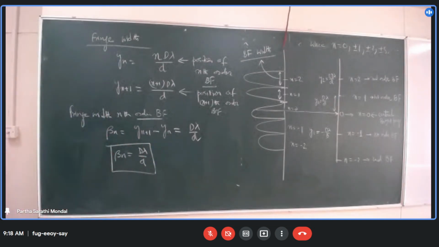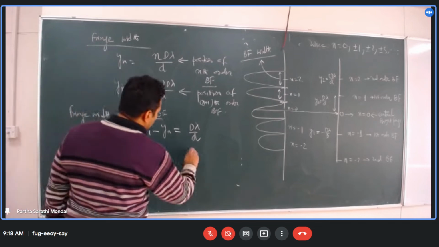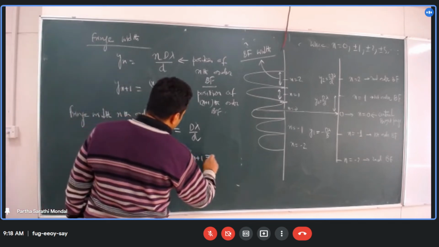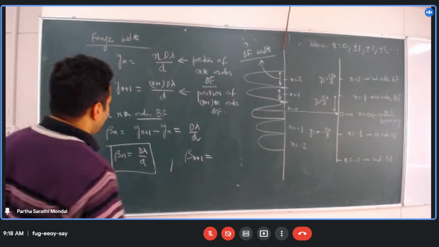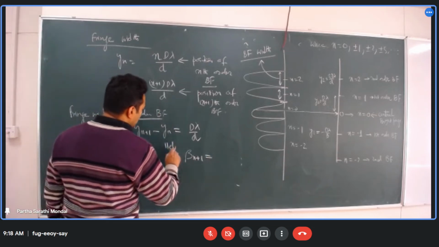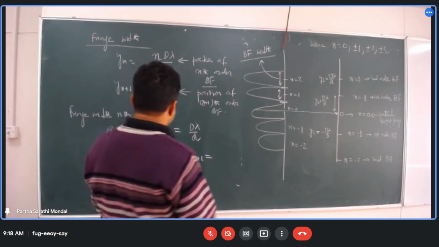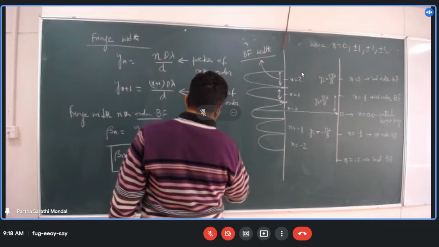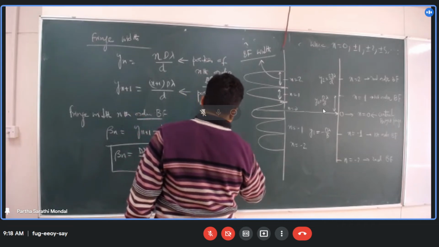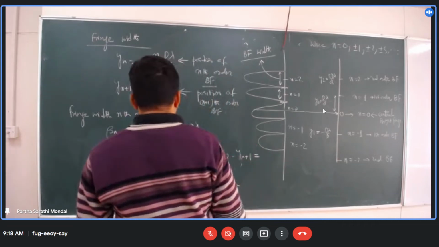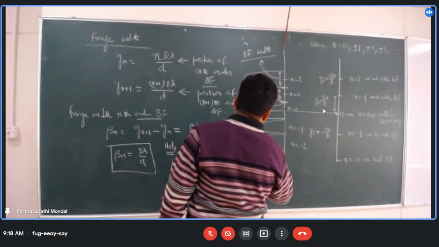So now simply you can also find out β_(n+1), which similarly equals y_(n+2) minus y_(n+1). That will also give you dλ/d.